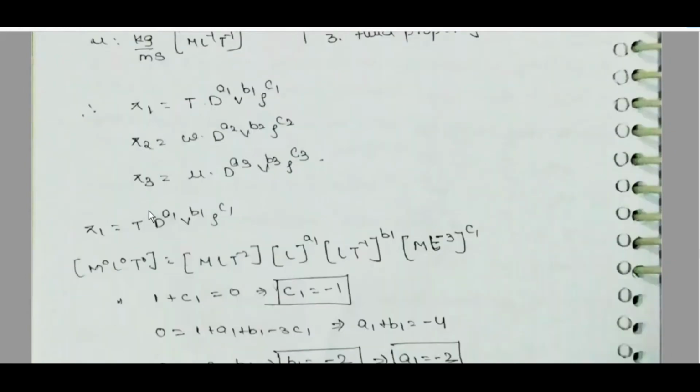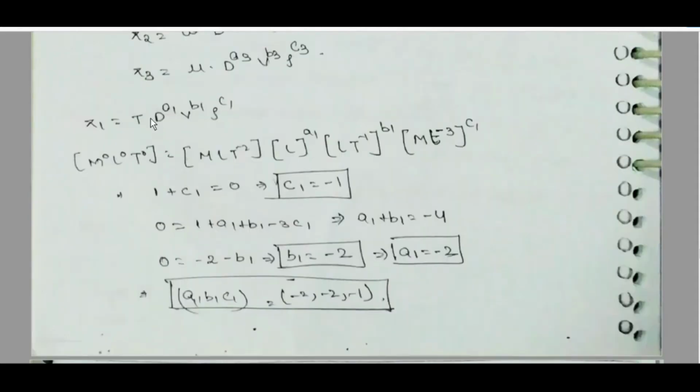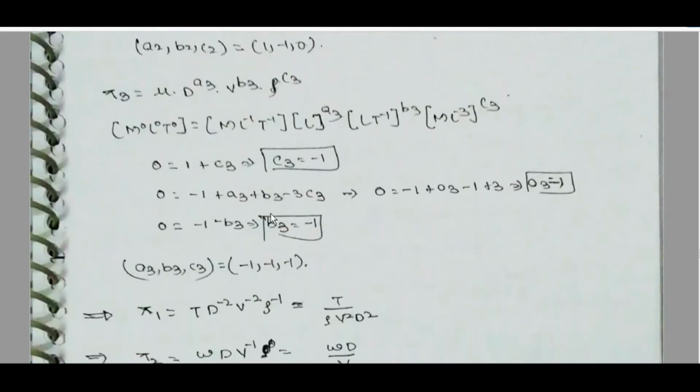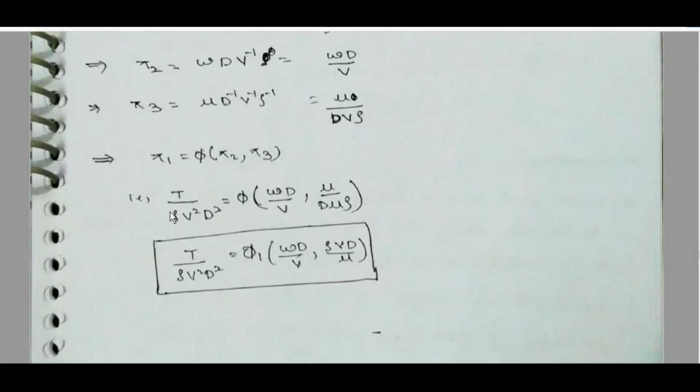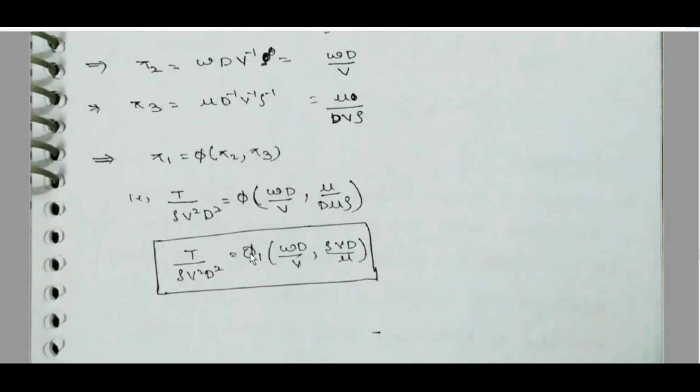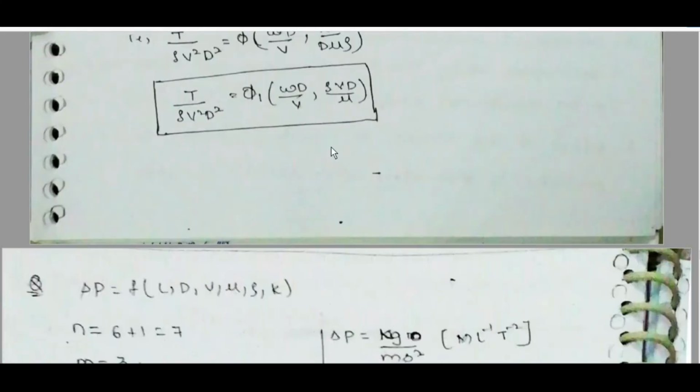Pi 1, pi 2, pi 3. Take T, D1 power A1, B1, C1, then finally equate all powers to 0. We will get the values. Finally, we will get pi 1, pi 2, pi 3. Pi 1 is a function of pi 2, pi 3. From that, we can get T by rho square is equal to. Okay.